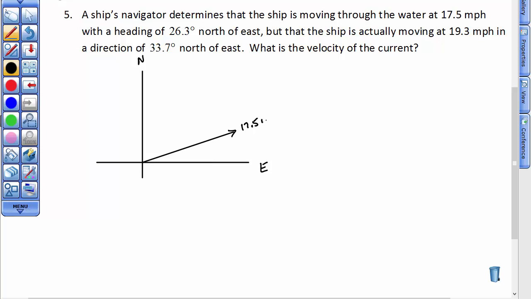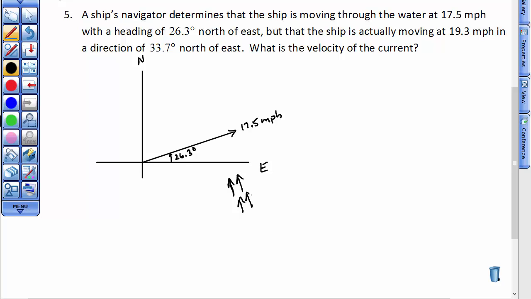17.5 miles per hour at 26.3 degrees north of east. But the ship is actually moving at 19.3 miles per hour in a direction of 33.7 degrees north of east because the water current is pushing it this way a little bit.